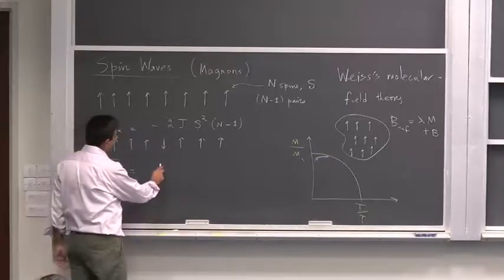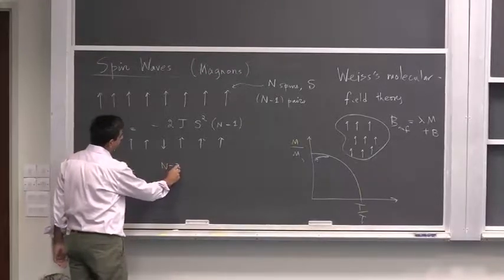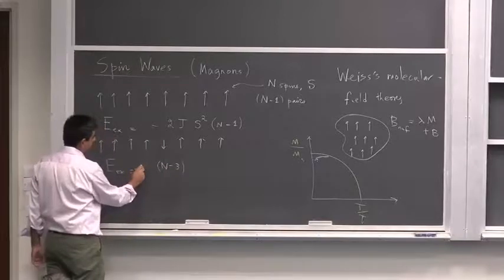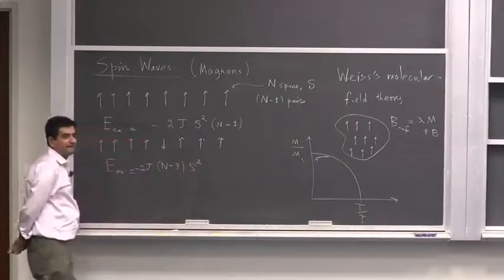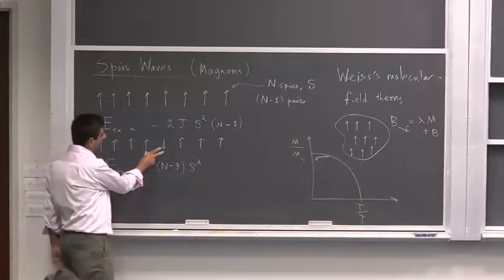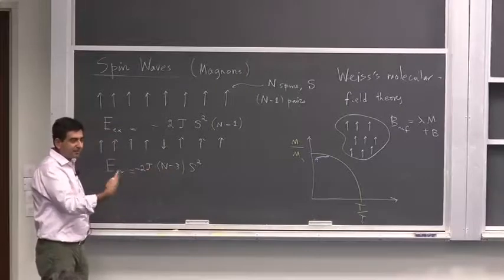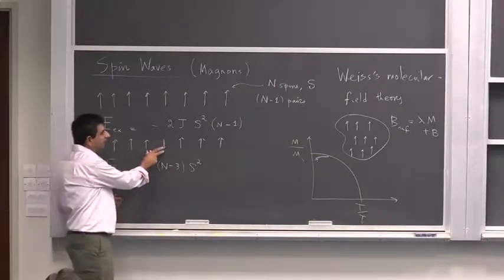So if you would like to compute the exchange interaction energy associated with this configuration, there are N minus 3 pairs, so 2 fewer pairs, in which the interaction is of this kind. And there are 2 pairs, one is this pair and the other is this pair, in which the interaction has become positive, because neighboring spins are now anti-parallel.